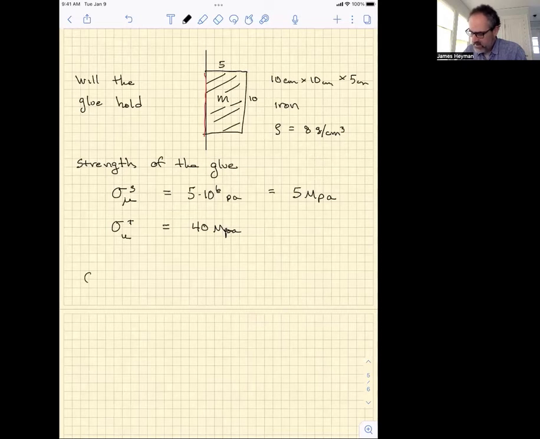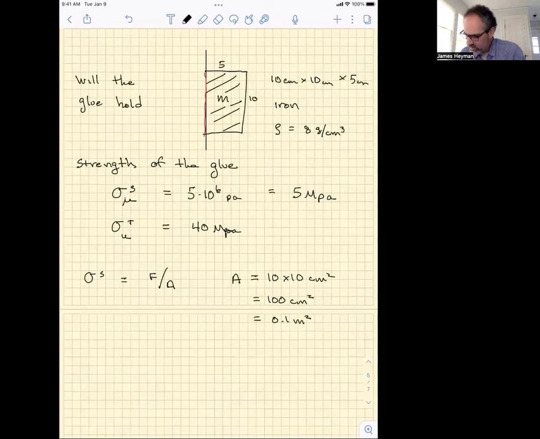So now in this problem, the shear stress is a force divided by an area. So first, what's the area? Well, what do you think it is? Okay, the area is the area of the glue joint, which is 10 by 10 centimeters, or 100 square centimeters, which is 0.1 meters squared.